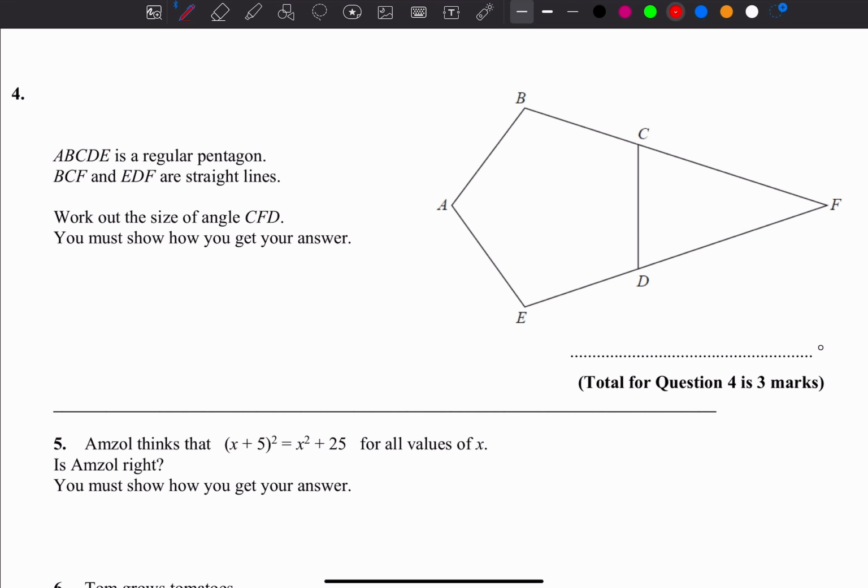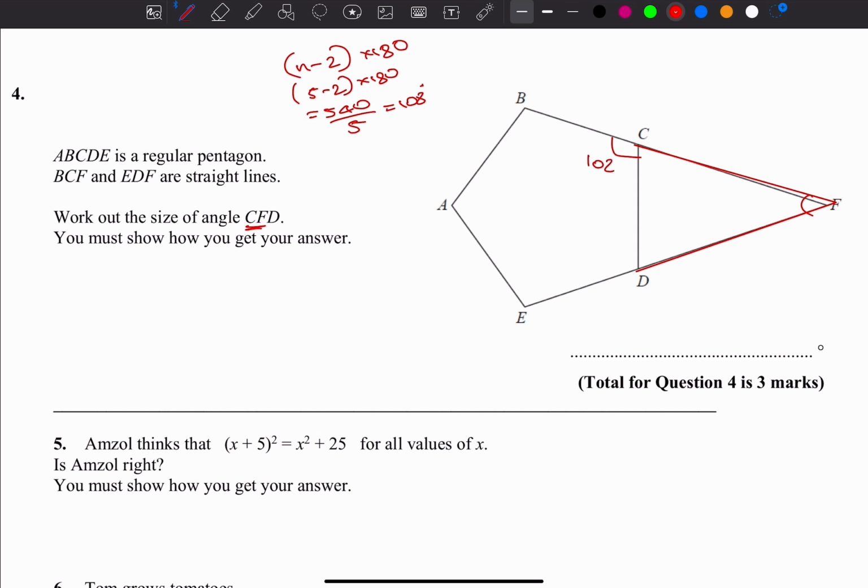Work out the angle CFD. So first, where is CFD? CFD is that angle. Okay, you know this is a pentagon. Formula for pentagon was n minus 2 times 180, remember? Number of sides, pentagon is 5, minus 2 times 180, which is 540, but divided by 5 because 5 sides on it, so it's 108 for the interior angle.